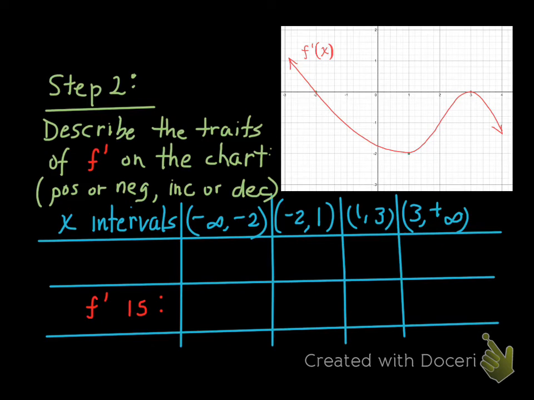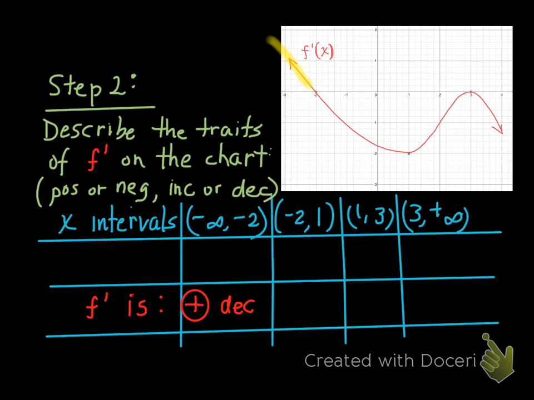And let's look. You tell me, from -infinity to -2, first of all, is f prime positive or negative? I'm really asking myself, does it live above or below the x-axis? Living above the x-axis there from -infinity to -2, I know that the answer is going to be positive. And from left to right, I see that this graph is decreasing.